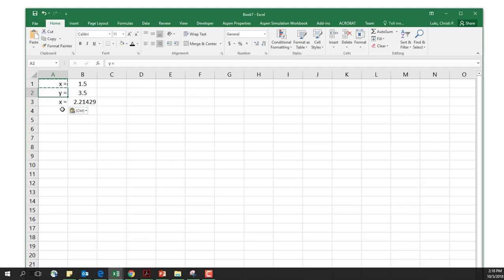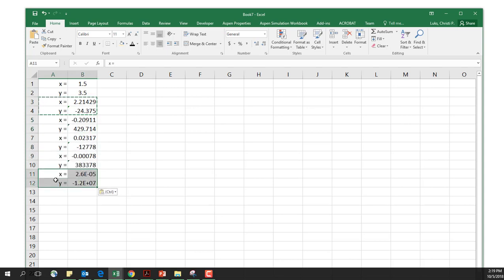I now want to do my y. And y is equal to 57 minus 3 times x, and I want to use the most updated version of x, times y squared, again using the most updated version. And I can simply copy these until it gets an answer.